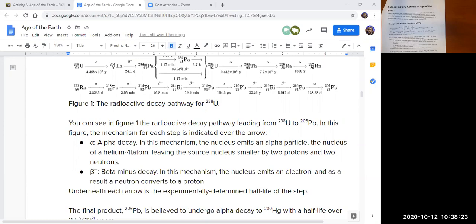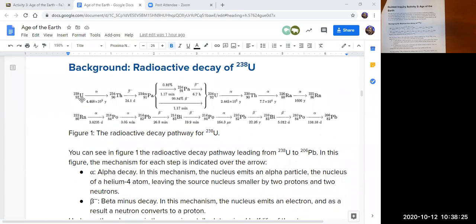And that's why we have, going from uranium to thorium, the mass goes down by 4 units from 238 to 234, and the number of protons goes down from 92 to 90. So anywhere you see an alpha decay, that's what's going on. You're going to have the drop in the mass of 4 and a drop in the proton number by 2.